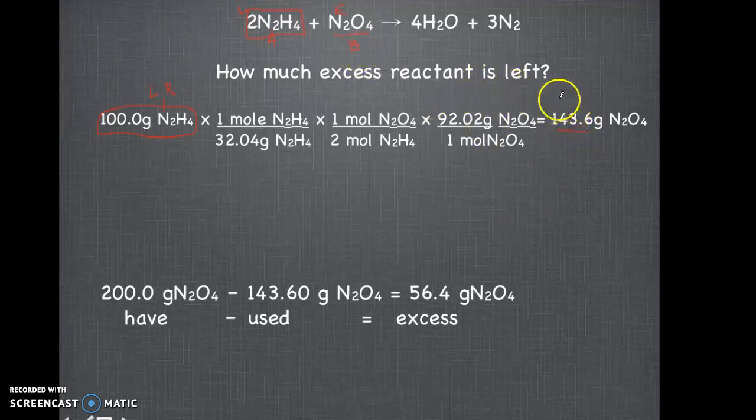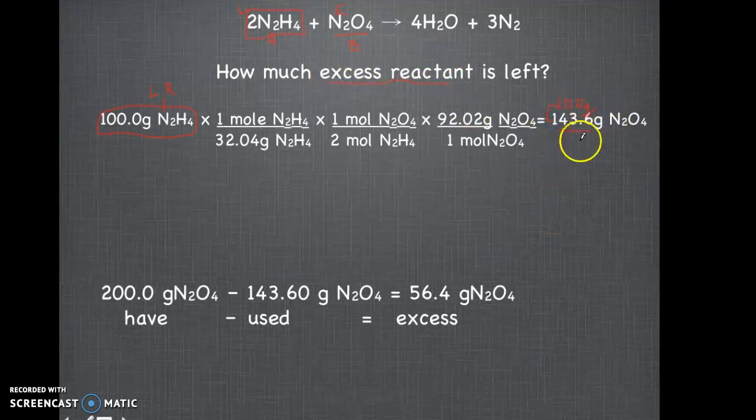But remember this, we actually had initially more than the 143.6 grams. They gave us 200 grams of the N2O4 to actually use. So if you wanted to know, hey, how much of the excess reactant is left over, what do we do? We just subtract these two numbers.